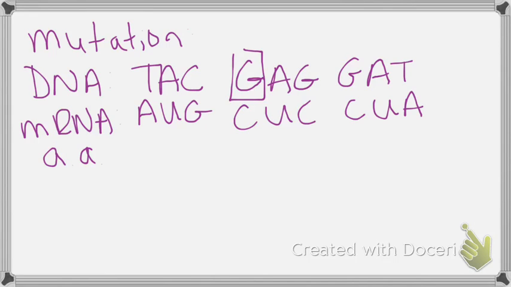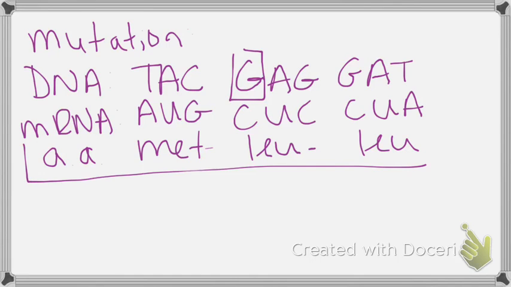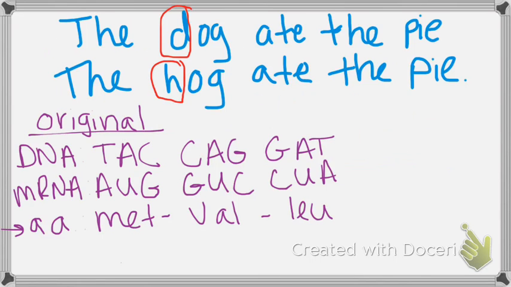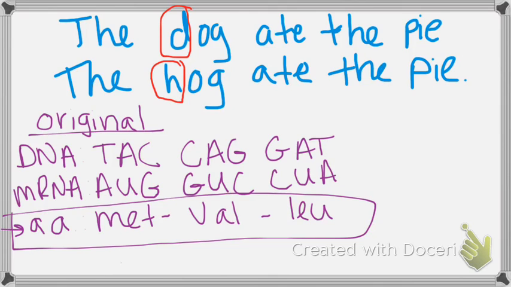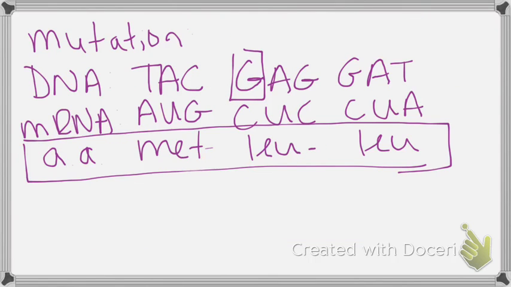Your amino acid sequence should read methionine, leucine, leucine. Now let's compare this mutated amino acid sequence to our original amino acid sequence on the previous page. Originally we had methionine, valine, leucine. Now we have methionine, leucine, leucine. So you can see that the second amino acid is now different.